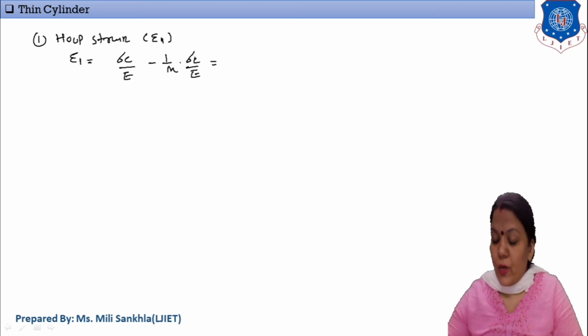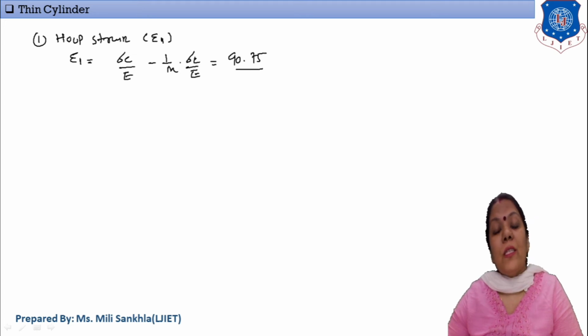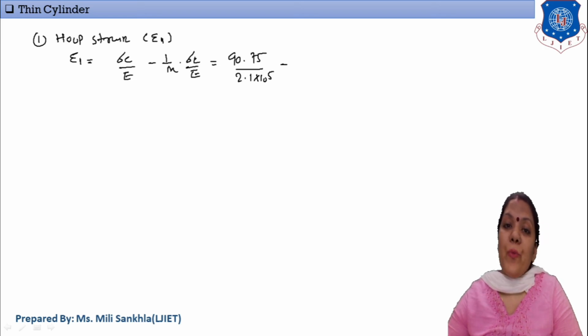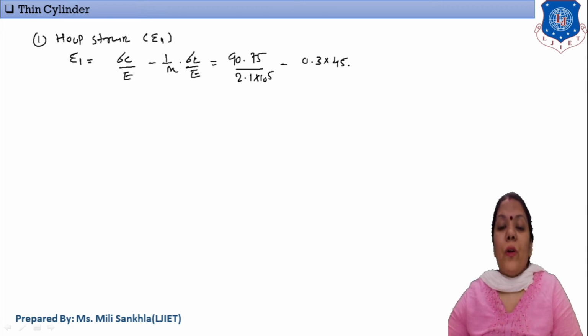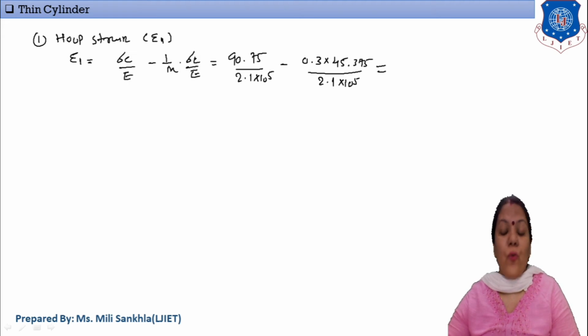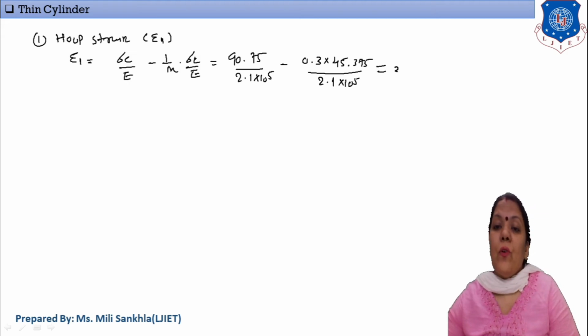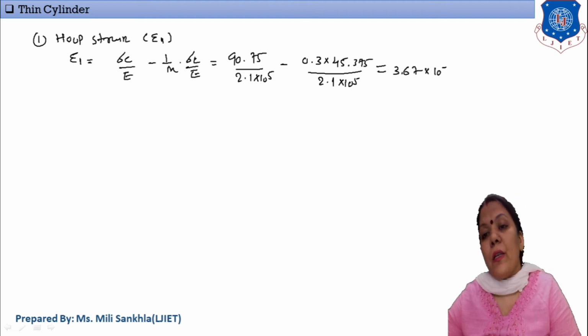Sigma C is equal to 90.75 and Young's modulus is equal to 2.1 into 10 raised to 5. Then 1 by m, that is equal to mu, 0.3, into 45.375 divided by 2.1 into 10 raised to 5, and my answer for this hoop strain is 3.67 into 10 raised to minus 4.